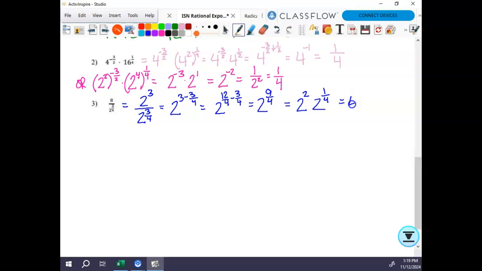So this becomes 4 times 2 to the 1/4. Or, and it doesn't tell us which way to do this here, or it's 4 times the 4th root of 2. This is rational exponents. That is radicals. Okay. What questions do you have?